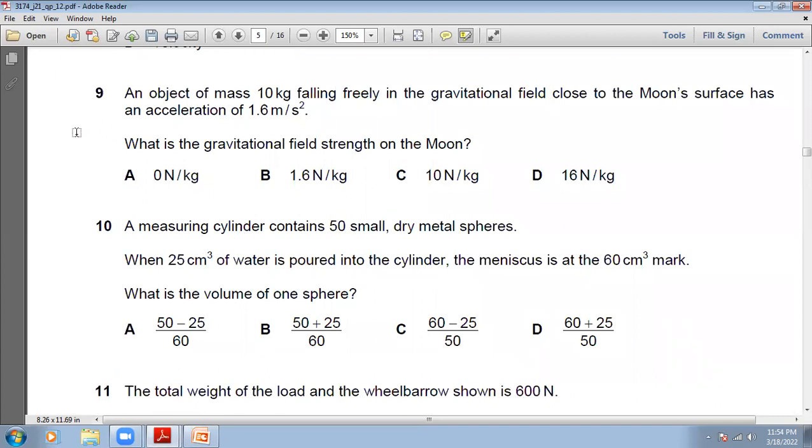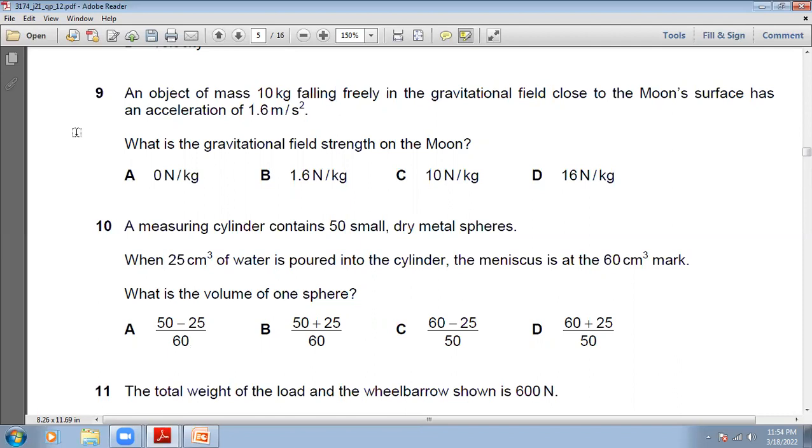An object of mass 10 kg falling freely in the gravitational field close to the moon's surface has an acceleration of 1.6 meter per second square. What is the gravitational field strength on the moon? You see the small g value 1.6 meter per second square on the surface of the moon, and the gravitational field strength on the surface of the moon will be the same. So only the units will be different.